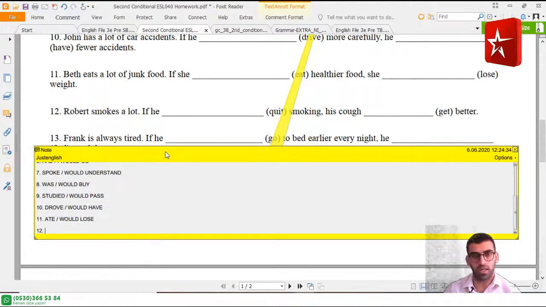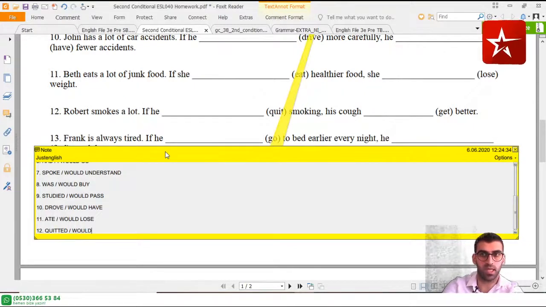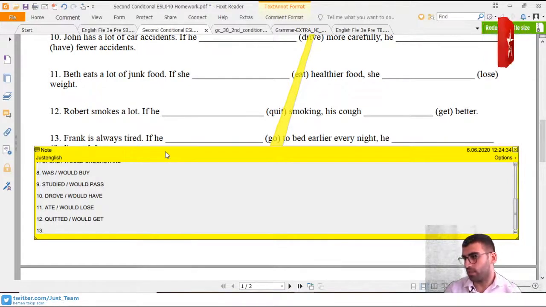Let me check the answer for number 12. Gülsafa and Sıla have already written their answers. Robert smokes a lot. If he quitted smoking, his cough would get better. Quitted and would get.